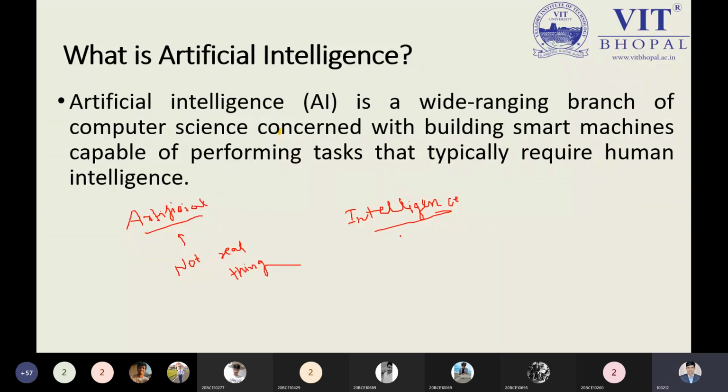We can say intelligence means the behavior. Although behavior is a little bit different from intelligence, I'm just trying to understand intelligence in a simple way: behavior, and this behavior you can identify by your senses.